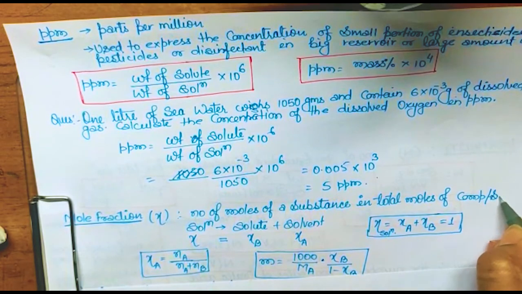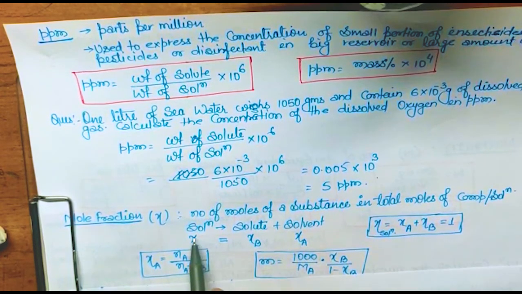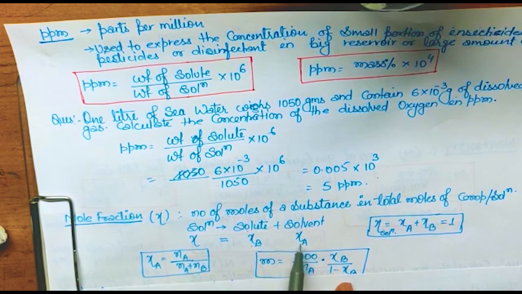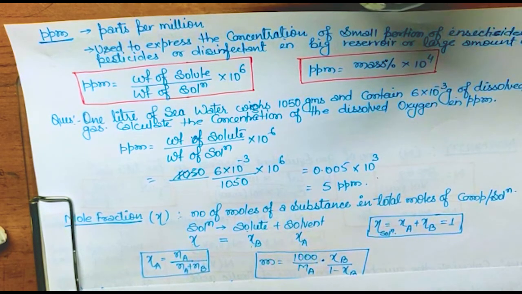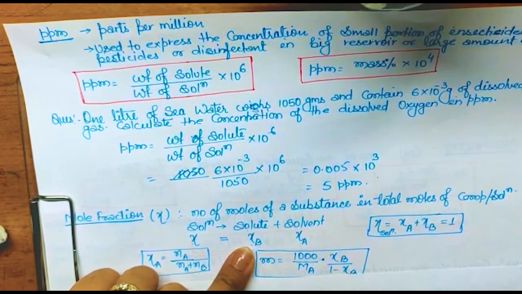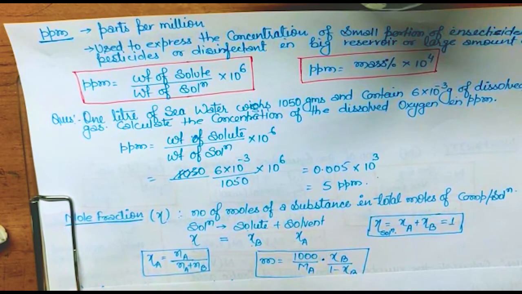Okay, we can write. So suppose that solution is made up of solute and solvent, that we know that if solution mole fraction is chi I'm taking, so solute is chi B and solvent is chi A. Always denoted in the book also, solute is denoted as B and solvent is denoted as A. That keep in your mind, because next topic it will be used.